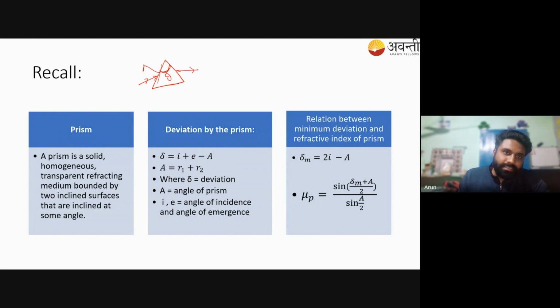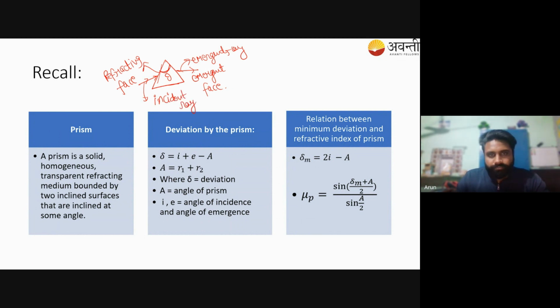This is the refracting face, and this is the emergent face. This ray is the emergent ray, and this is the incident ray. So this is the prism that we have.